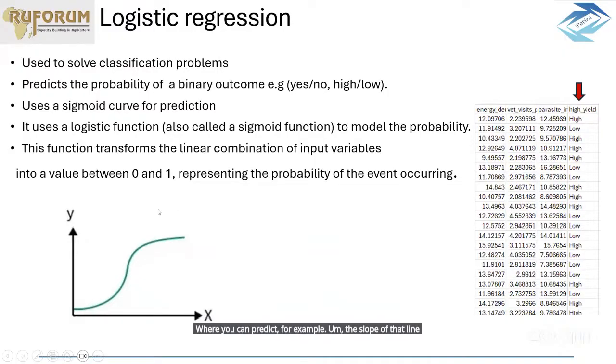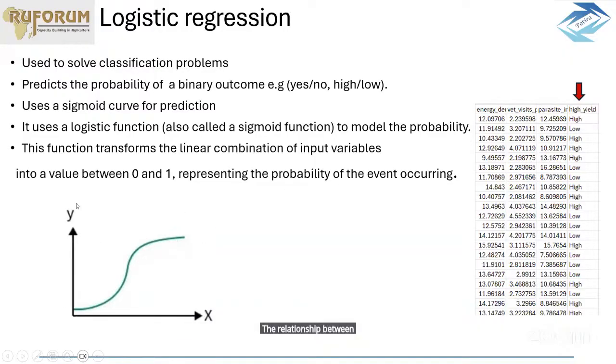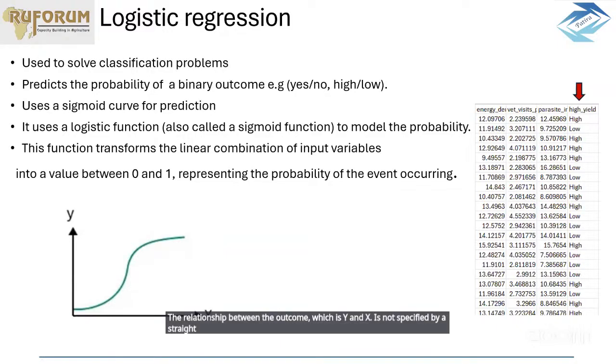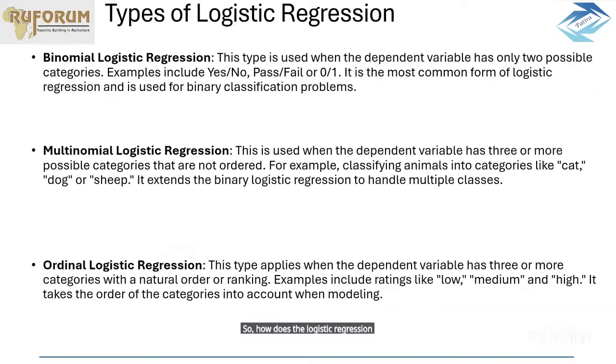But now, when we are looking at the logistic regression model, the relationship between the outcome, which is Y, and X, is not specified by a straight line. It is rather specified by a sigmoid curve, and that is the curve that we use for prediction. So when you have information and you want to predict classes, groups, you can consider using the logistic regression model. So how does the logistic regression model work? You need to know.